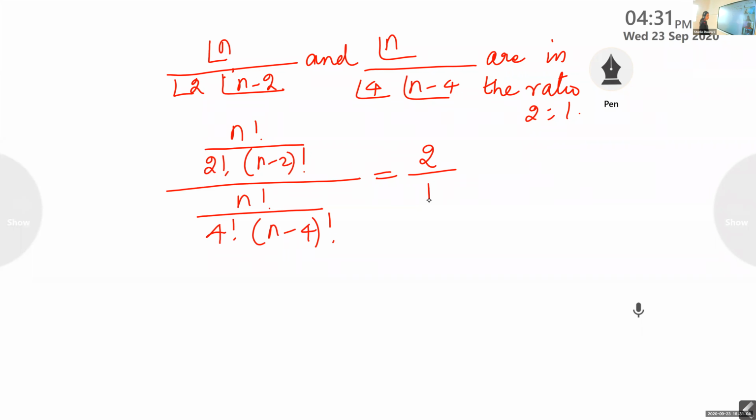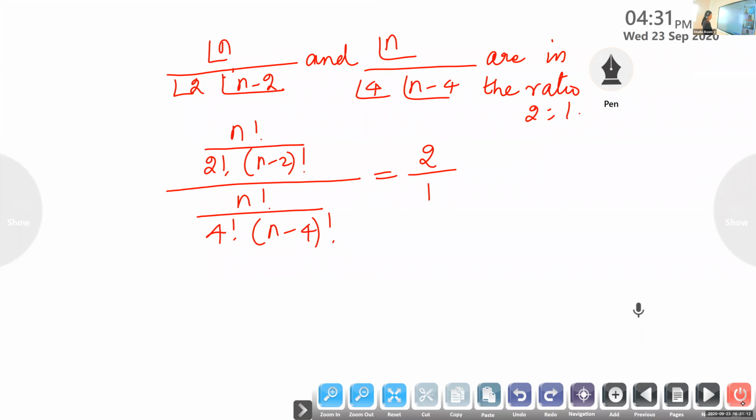That means the first number by the second number is equal to 2 by 1, just like A by B in the ratio 2:1.